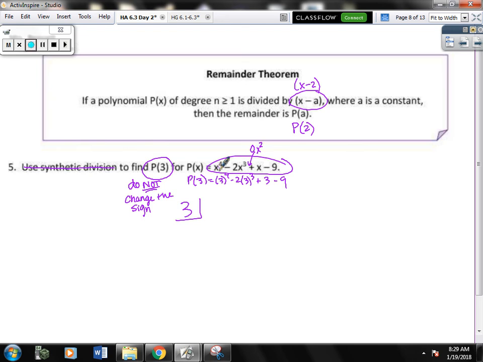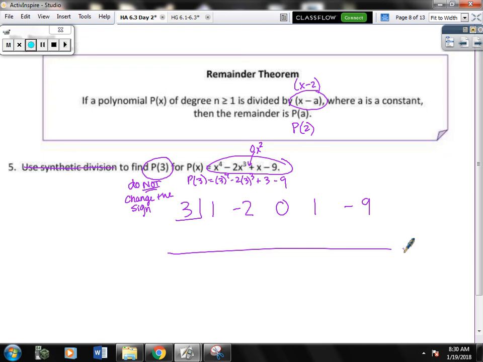So we have 1x to the 4th minus 2x cubed, 0x squared, 1x, and minus 9. Now these numbers are going to be smaller to deal with, potentially, than the other numbers we would get by cubing, multiplying by 2, adding, and subtracting. Our answer to this problem will be what the remainder is.